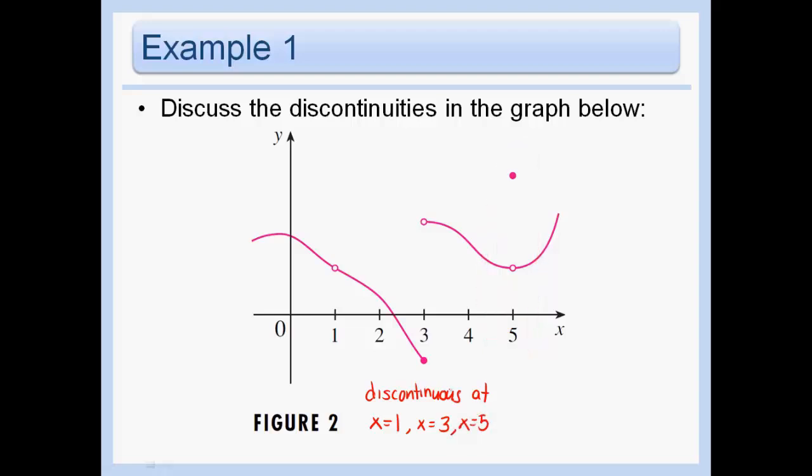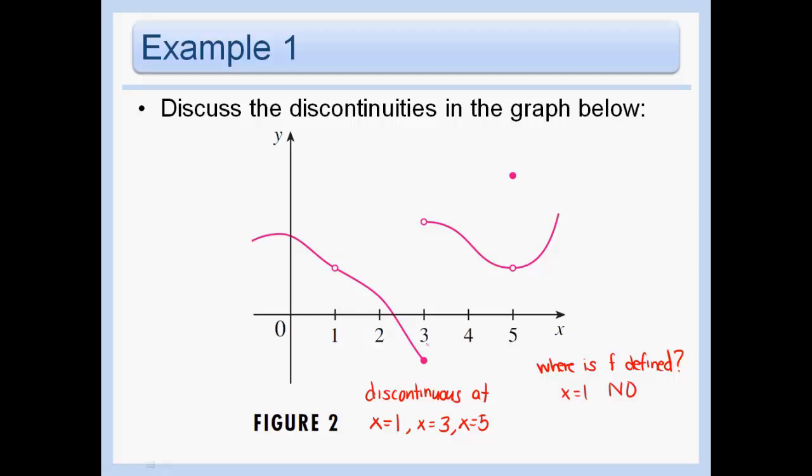While we're on this example, why don't we quickly talk about where f is defined, just so we don't get these two things mixed up. Well, our only potential problems are where it was discontinuous, right? So is f defined at x equals 1? No, right? The function has no value at x equals 1.